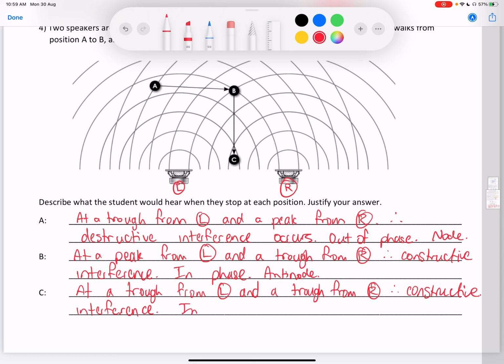We are in phase. We are an antinode. I hope that helps with this worksheet.